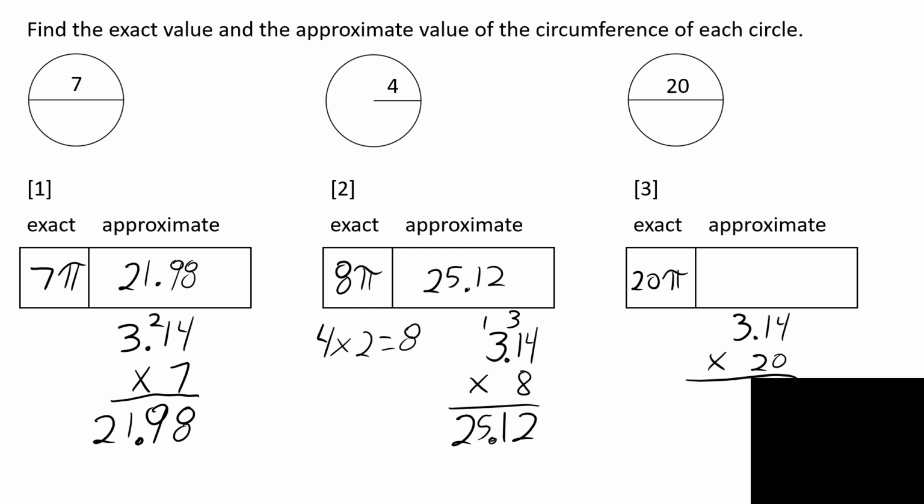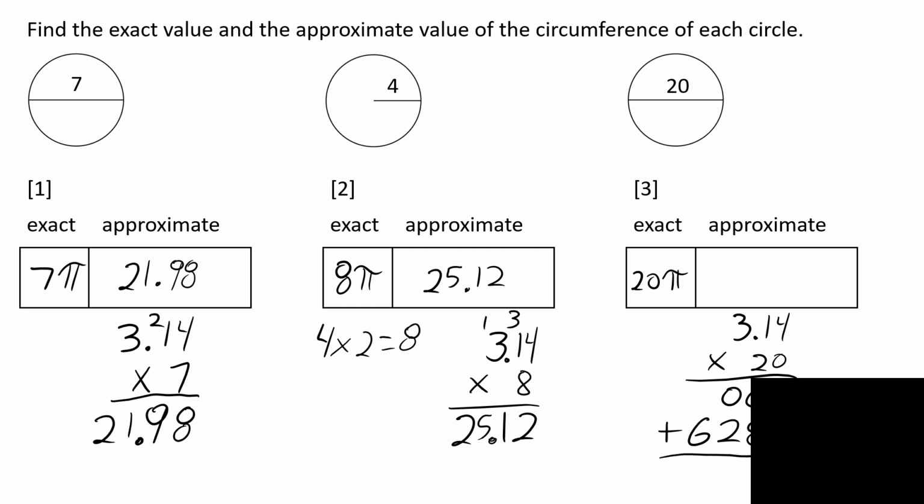Now, because we're multiplying by 20, we're going to get an extra 0 at the end. Right? 0 times 4 is 0. 0 times 1 is 0. 0 times 3 is 0. And then 2 times 4 is 8, but look where the 8 is, right? I've got to move it over because I'm in the tens column now. 2 times 1 is 2. 2 times 3 is 6.